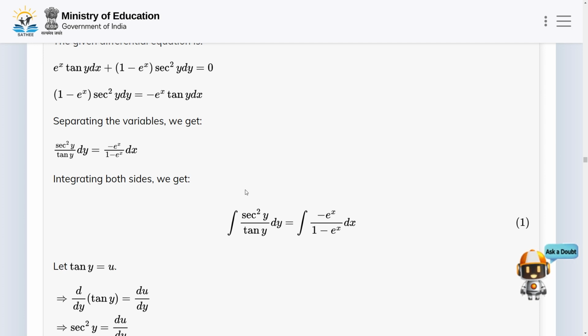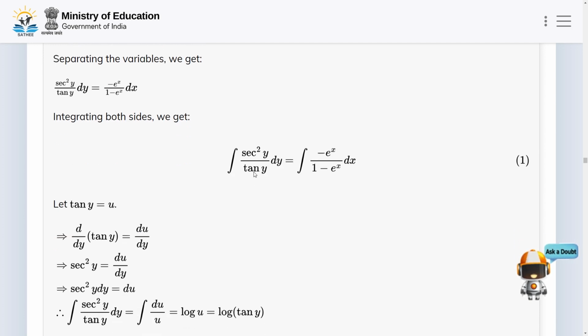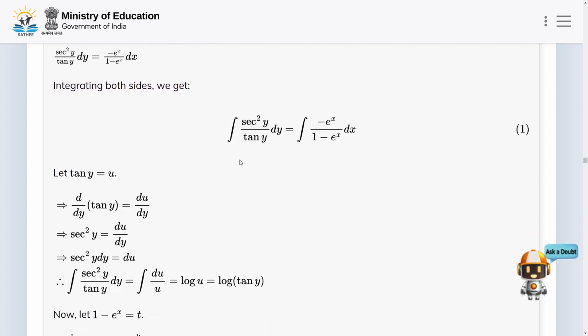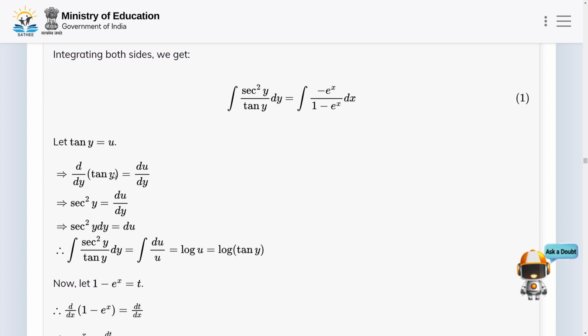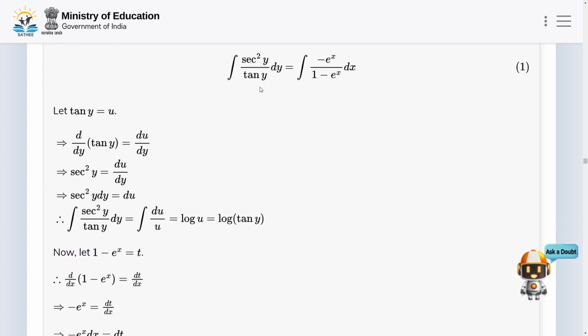So the left hand side integration can be done by the substitution method. Take tan y is equal to u. This means the numerator can be replaced by just du. So du by u, this means log u, means log of tan y.